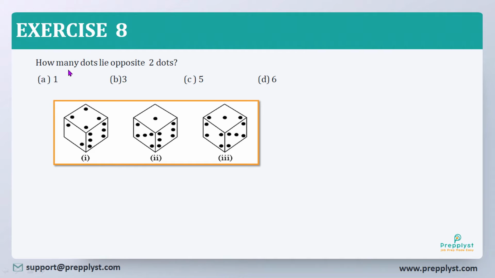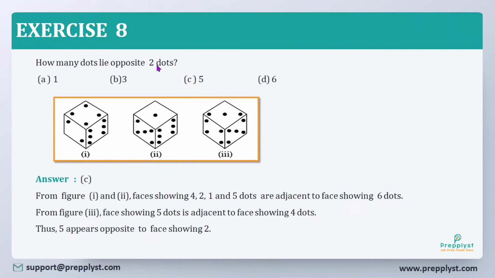Now let's look at this question. How many dots lie opposite the 2 dots? You could pause the video and answer the question. Now when you look at the first two figures, the faces showing 4, 2, 1 and 5 dots are adjacent to the face showing 6 dots. So when you look at the third figure, the face showing 5 dots is adjacent to the face showing 4 dots, which means 5 appears opposite to the face which shows the 2 dots.